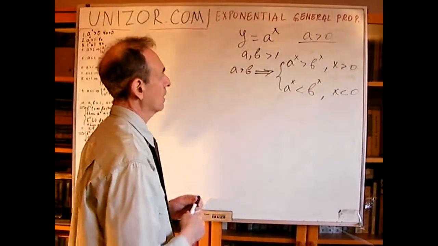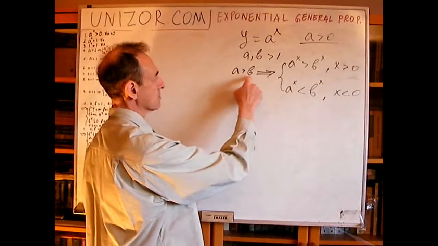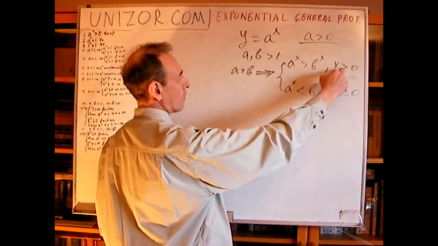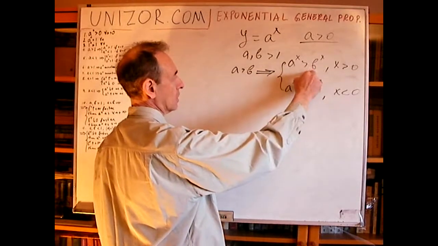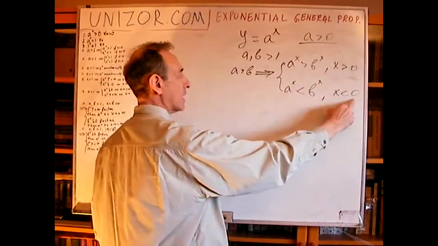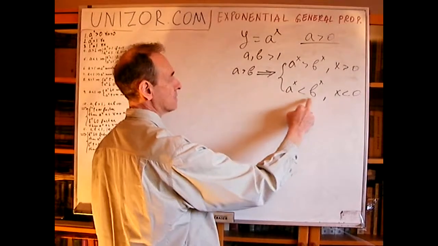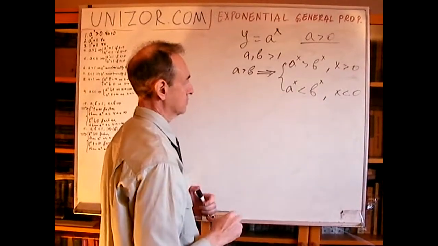Right? So if this base is greater than this one, then for positive exponents, this graph is above this graph. But for negative exponents, this graph is below this graph.